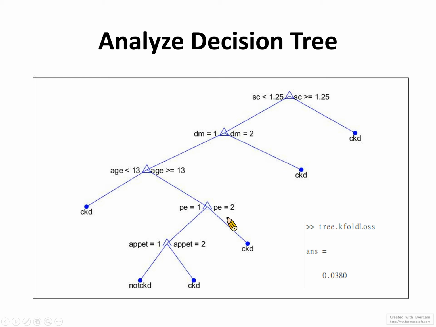Okay, so this is the validation part, and you can also type tree.kfoldLoss to evaluate the model. Here we can see that it means the classification error, and the error is quite low in this case. So it means that we can use a simple decision tree to reach a very high accuracy of predictions.